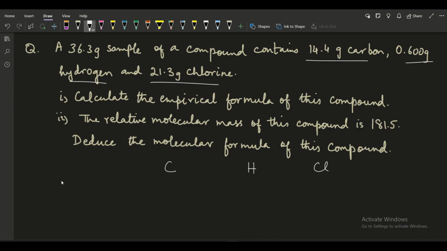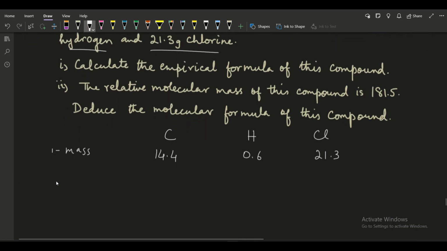Write their masses, follow the same steps. Mass of carbon is 14.4. For hydrogen it is 0.600, and for chlorine it is 21.3.